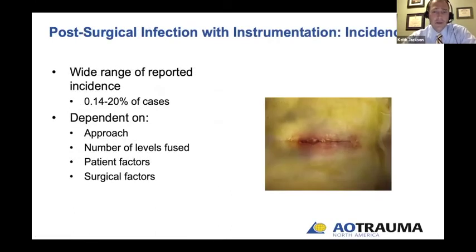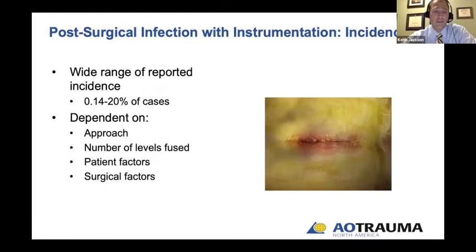Post-operative infection in the presence of instrumentation is a common clinical problem faced by most practicing spine surgeons. We currently instrument in a lot of different ways in a lot of different areas through different approaches.